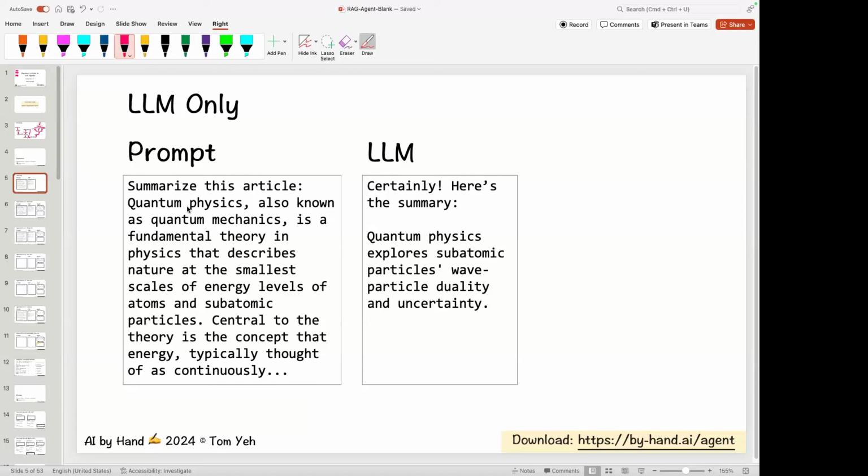For instance, a prompt could be: summarize this article, quantum physics, also known as quantum mechanics, and so on. The large language model is trained to perform a lot of tasks, and in this case it might say, certainly, here's a summary: quantum physics explores atomic particles, wave-particle duality, and uncertainty. So that's a response from the large language model.